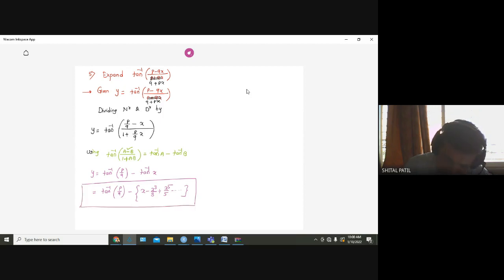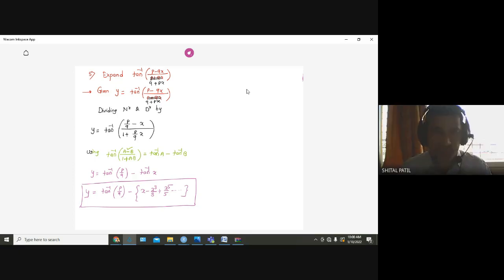This is the required expansion. Okay, this was page number 60. Let me start with the next page.